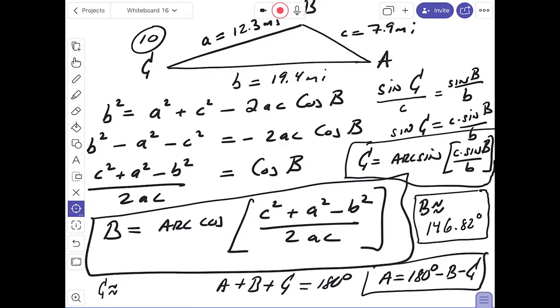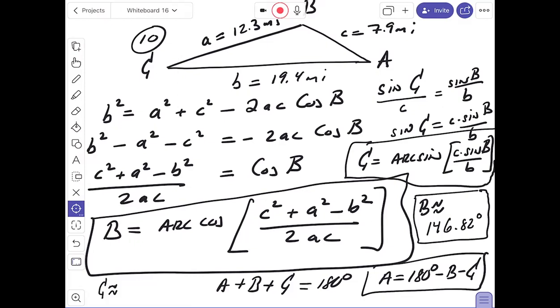It's nasty, I realize that. And I'm getting 12. Let me see if I did that right. C sine B. What's C again? 7.9 times the sine of B. What was B? 146, right? Something like that.